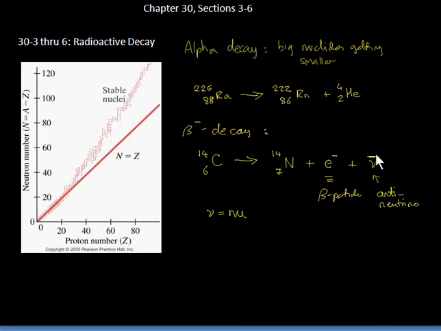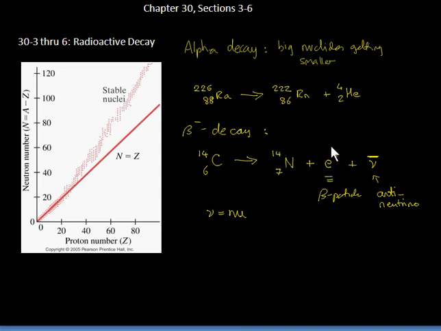And the reason for this is that, as well as the number of nucleons having to be conserved, this mass number 14, we also need to conserve the number of so-called leptons, which are electrons, neutrinos, and other forms of subatomic particle. These are fundamentally different from protons and neutrons.